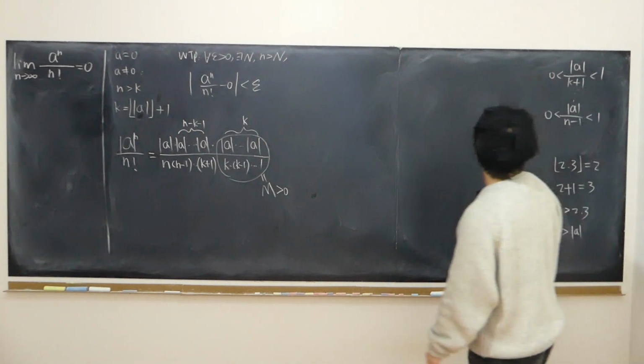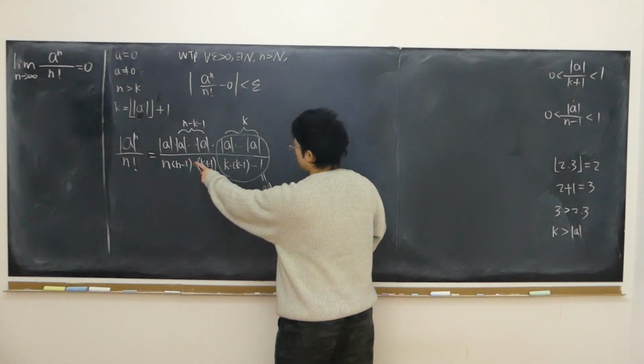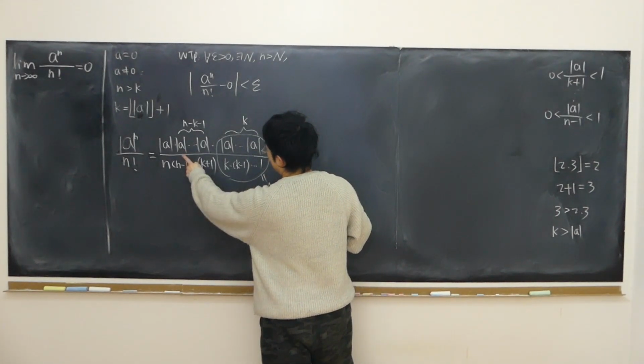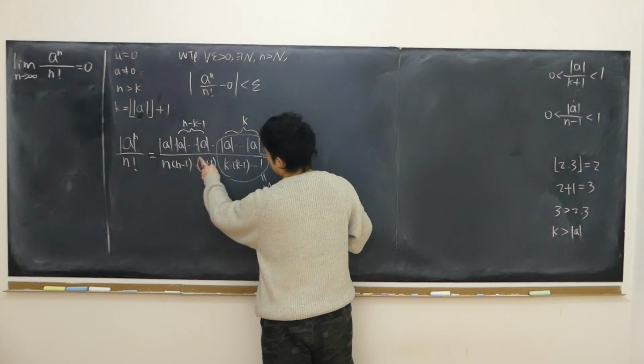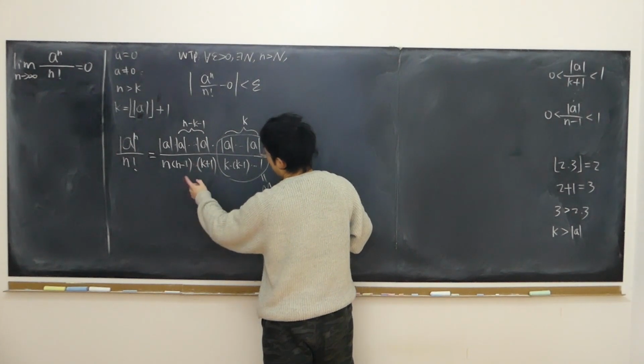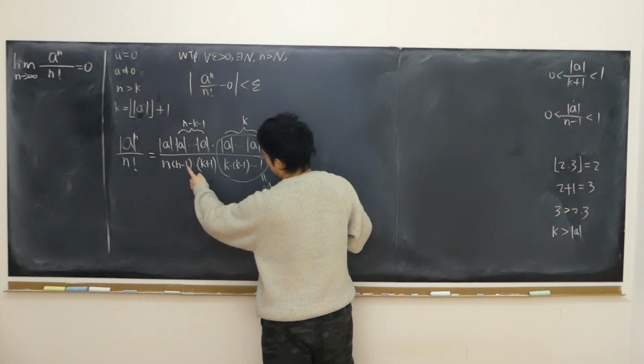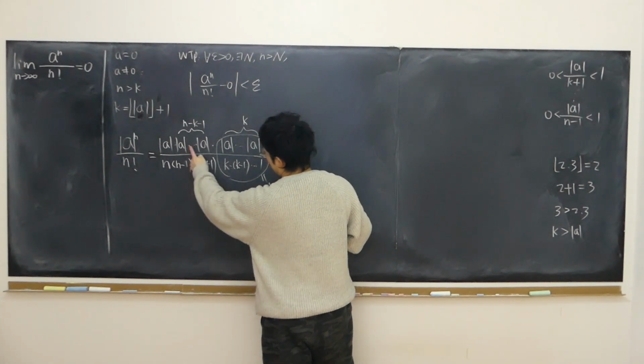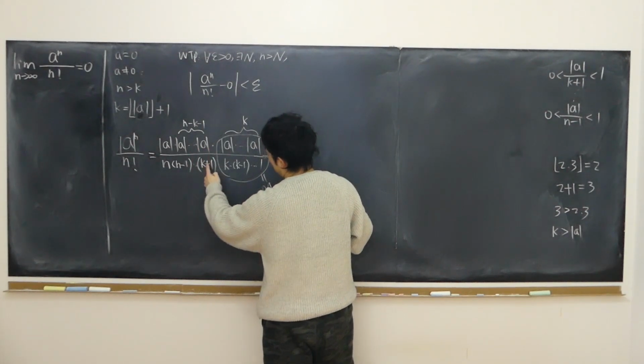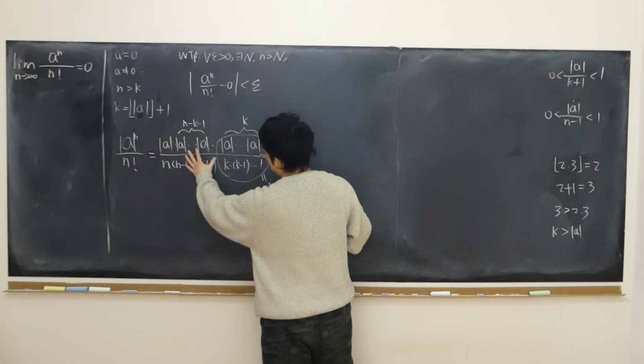Now, if I replace absolute value of a over n minus 1, absolute value of a over n minus 2, and absolute value of a over k plus 1 with 1s, right? So 1 times 1 times 1 times 1 times 1. So this part is replaced with 1.